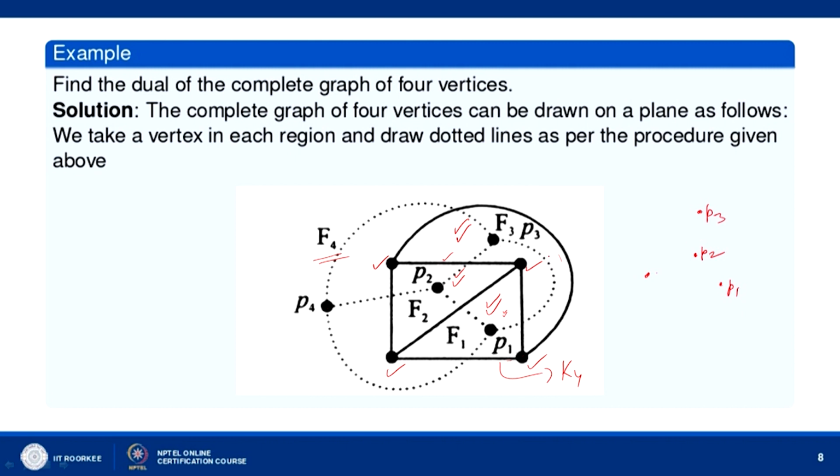Then P3 is joined to P4, P3 is joined to P1, and P3 is joined to P2. Then P1 is joined to P4. So, we have this, and then P2 is joined to P4, P2 is joined to P1.